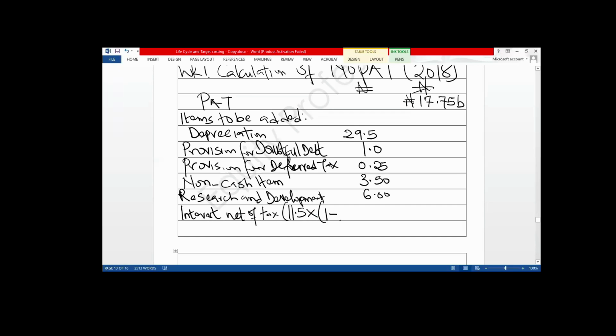Check the income statement. It's 25%. Minus 0.25. Please compute interest net of tax. 0.75 times 11.5 is 8.625.